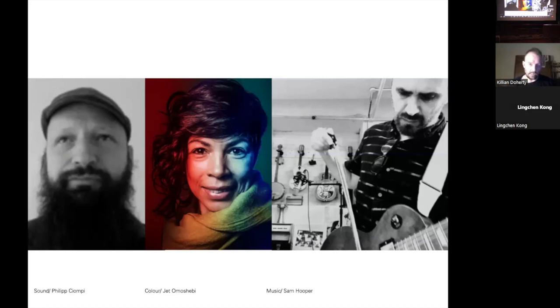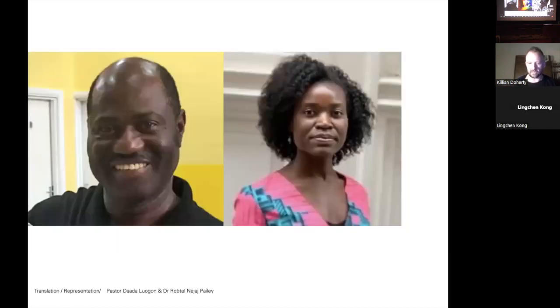Jet in the middle is half Nigerian, so she understood the colors of the landscape that weren't necessarily captured, and she helped with the grading and brought those out. Then Sam, the musician, responded to that. I don't know if you'll hear it in the background, it's a quite ambiguous, ethereal soundtrack. It's just there, these sounds. So that gives you an idea of all the other hands that helped make this film.